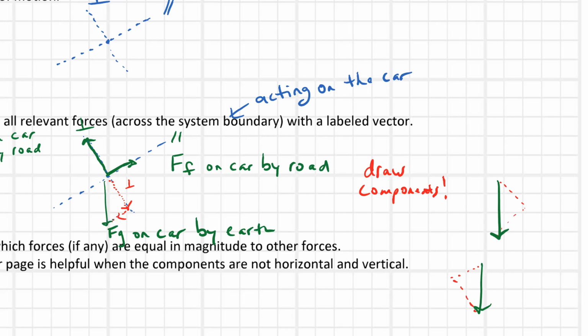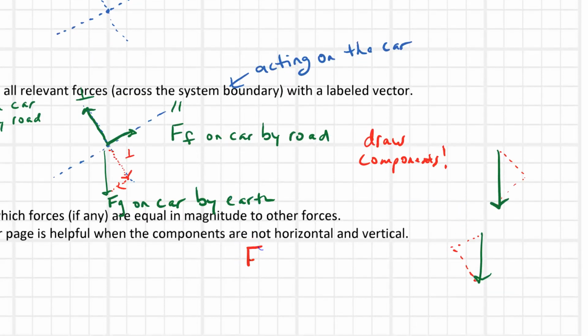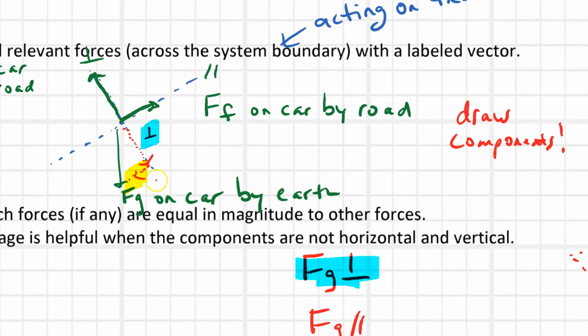There we go. Okay, so if I was to talk about those 2 components, one would be called, I'll put it down over here, FG perpendicular, and one would be called FG parallel. So this is my perpendicular one here, and my parallel one, which somehow I think I erased the name of, this little one over here, would be FG parallel.